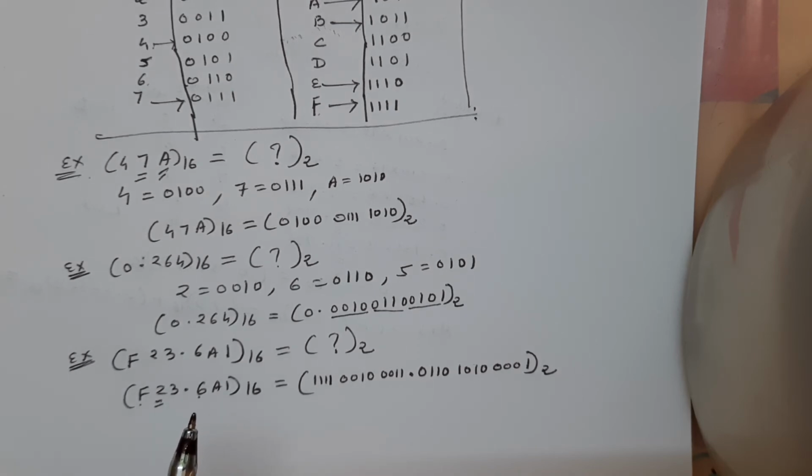The last one is binary to hexadecimal conversion. How to convert a binary number to a hexadecimal number, right?